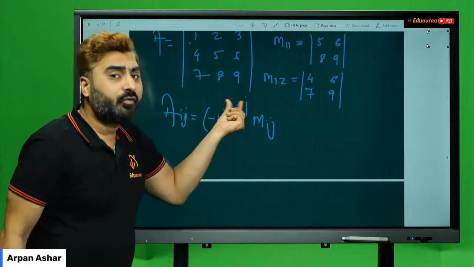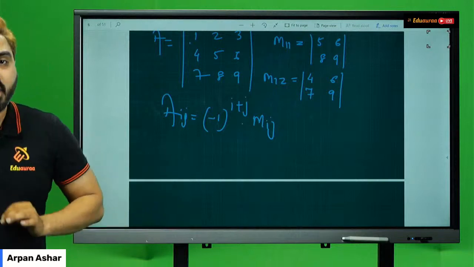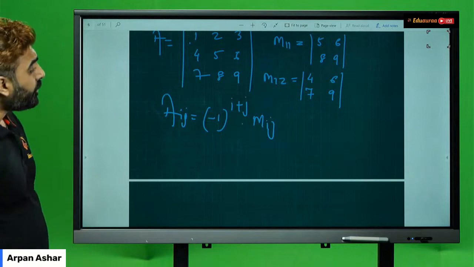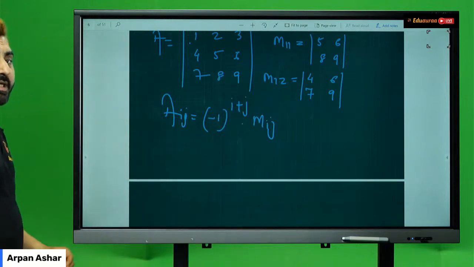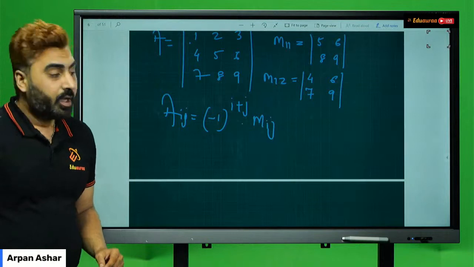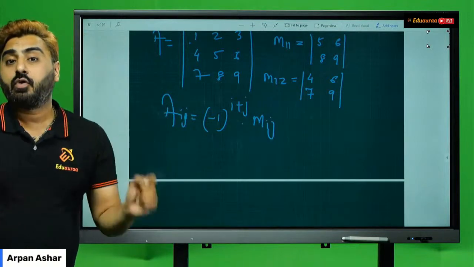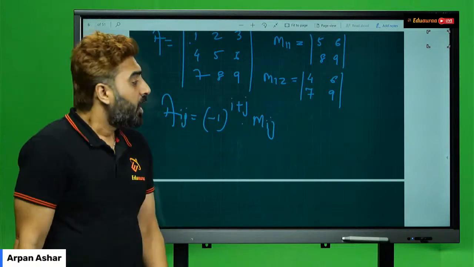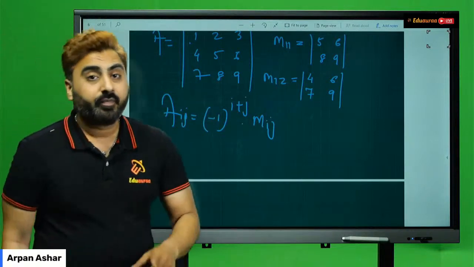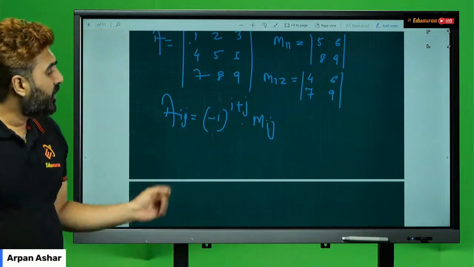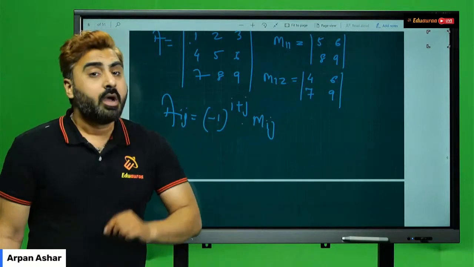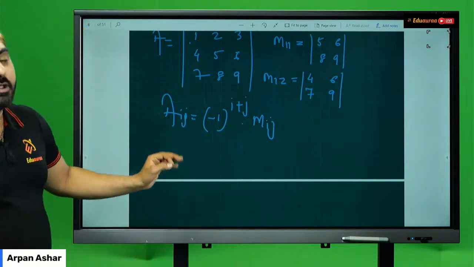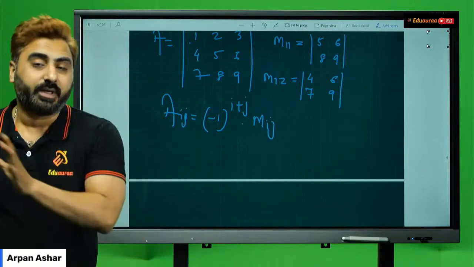Now if the value of this i plus j is an even number, your minors and cofactors are same. If the value of i plus j is odd, the value of minors and cofactors changes by sign. Remember this thing. What is the shortcut? If i plus j is even, minors cofactors are same. If i plus j is odd, minors and cofactors change by sign. Remember this shortcut, you can find cofactors directly.